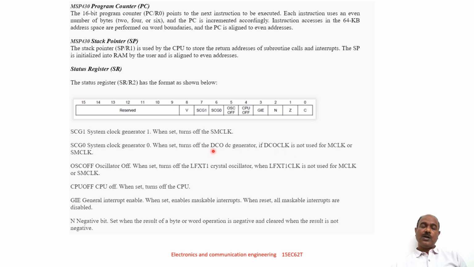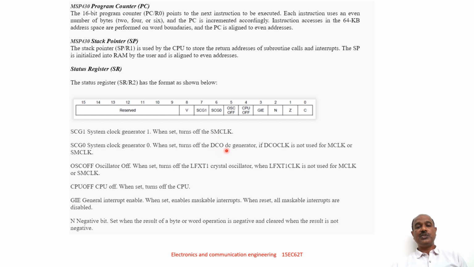If the DCO is not used for generating MCLK or SMCLK, then if you want to save power, you can set this bit and the DCO will be turned off. Now if you are using this DCO to generate either MCLK or SMCLK, then you cannot turn off the DCO even by setting this bit. That is the condition.